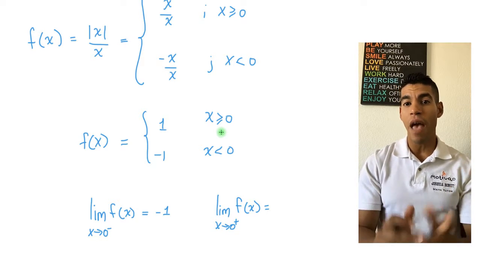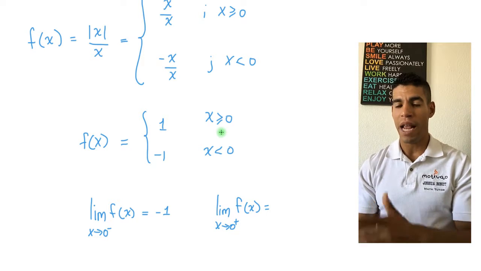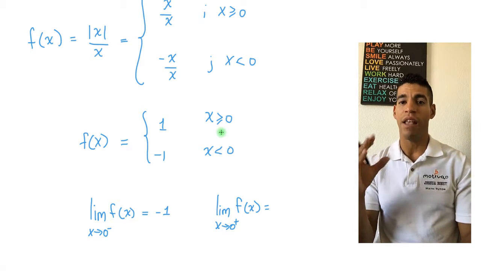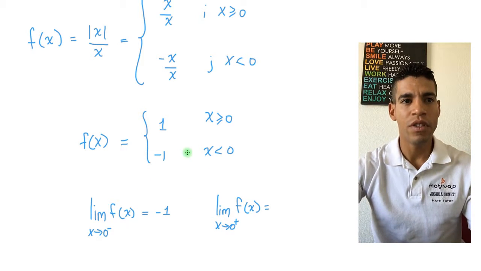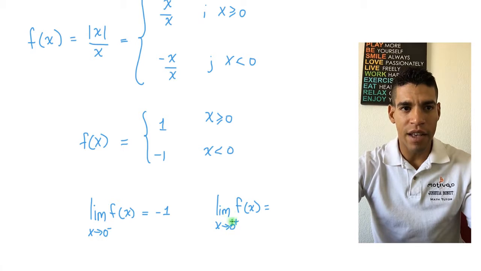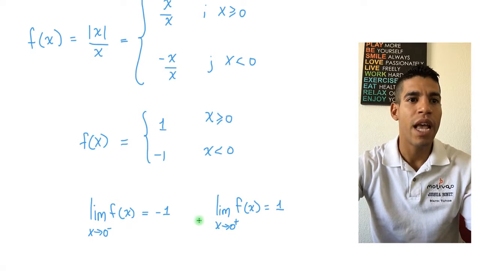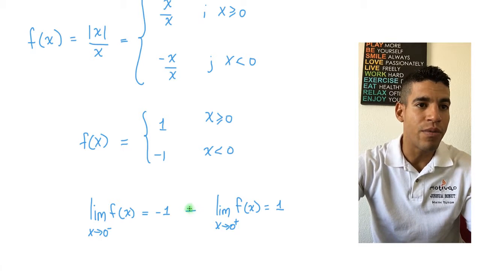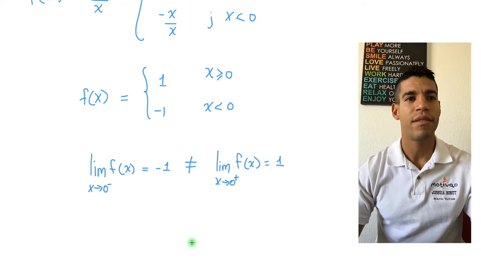That's going to be for f of 0. That's when f of 0 matters. But specifically, it's the greater than, okay? So the limit when x approaches 0 from the right is 1, okay? And because these two are not equal, the limit does not exist, okay?